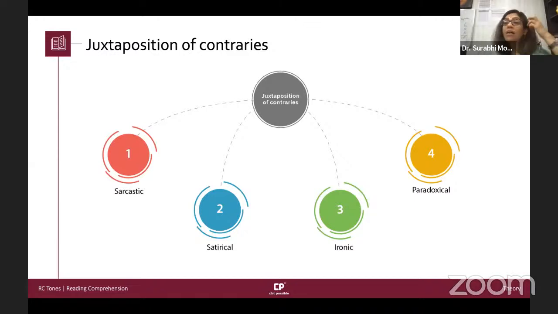So if you write a satirical story or a satirical article, you are not directly criticizing anything that you do not like or do not approve of. You describe it in a manner that people who read it or see it automatically understand that, yes, there is something wrong.